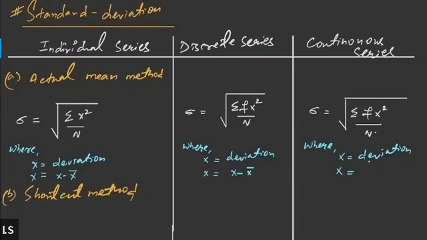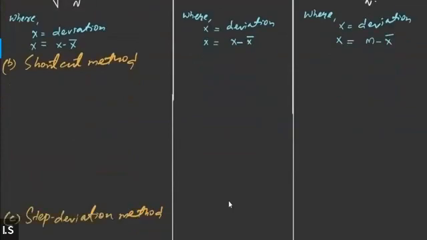So in order to overcome the limitation of the items, we find out the mid value, and therefore, to find out the deviation in case of continuous series, we subtract the value of the mean from the mid values. Tell me, is this clear to you? Yes, sir. Okay, so don't mistake x as the item. Do keep this in mind that x means the deviation.